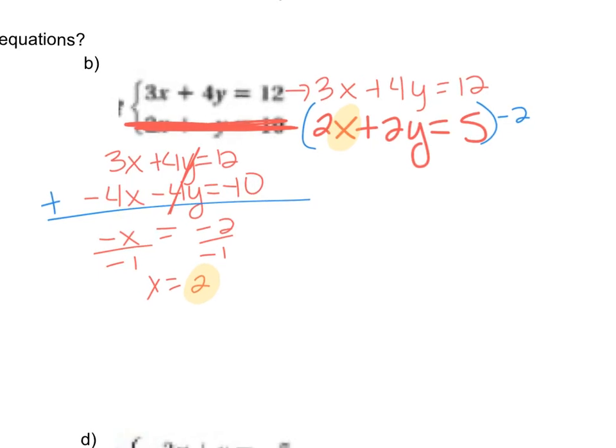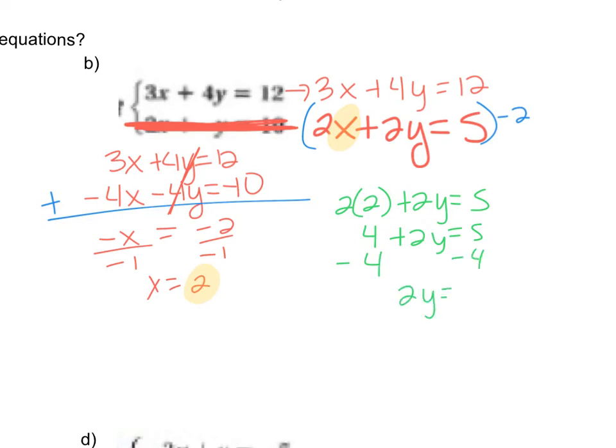So let's go ahead and do this. We'll have 2 times 2 plus 2y equals 5. 4 plus 2y equals 5. We're going to get a fraction, that's okay. So 2y equals 1.